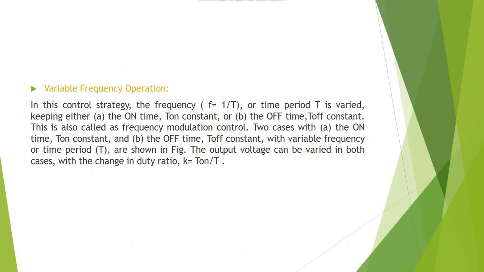So we get the ratios 1/3 and 1/4 respectively from the duty cycle equation T on by T, that means 20/60 in the first case and 20/80 in the second case. If we put this in the equation of the buck converter, we can easily get the output voltage level, where V0 is equal to Vs into D, with Vs equal to 100 volt.